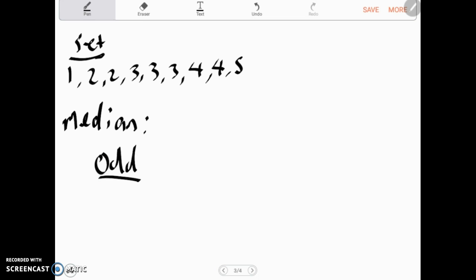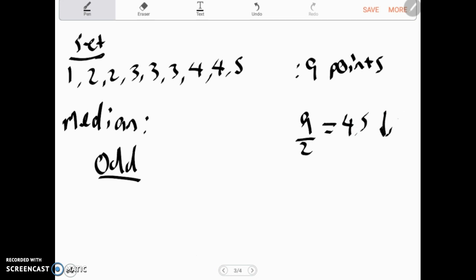Okay, so remember we've got 9 data points. 9's a nice odd number. So if we divide 9 by 2, we get 4.5. And let's round that down to 4.